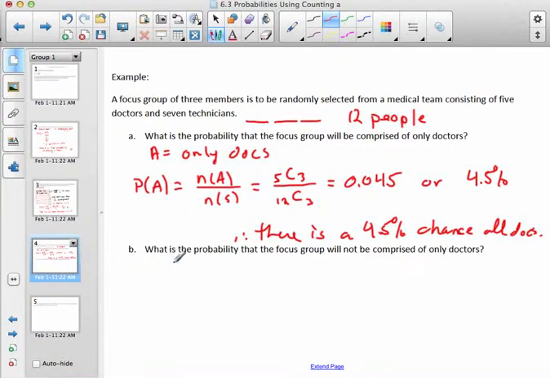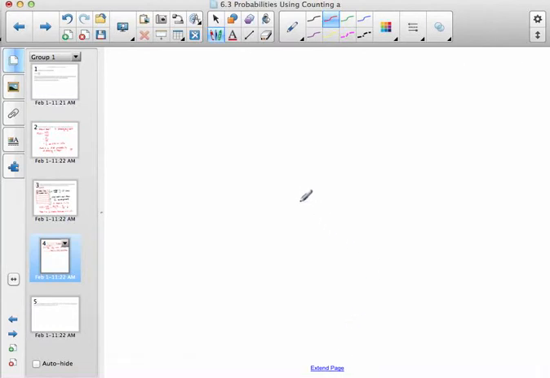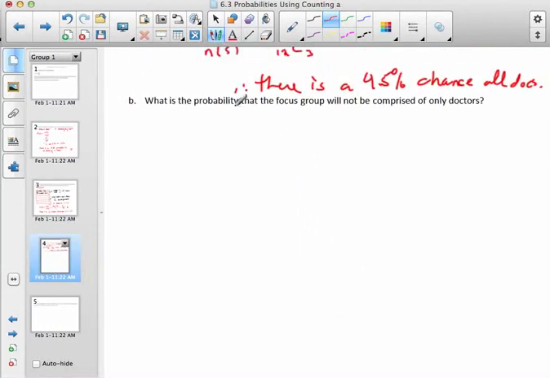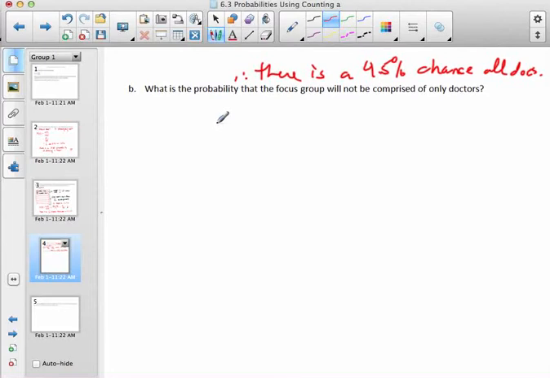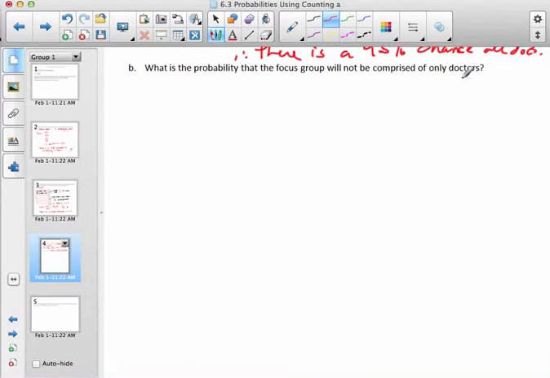Pretty slim chances. Now, what's the probability? This will be an interesting one. What's the probability that the focus group will not be comprised of only doctors? So, there's 2 ways. One of them is to say that the event A is not all docs. Now, this invites the question of, well, how many ways can there not be all doctors?